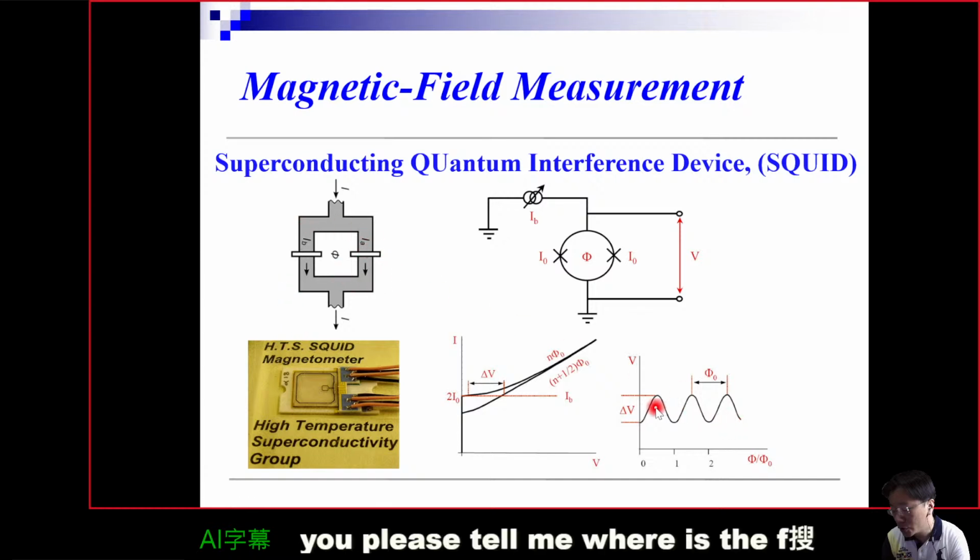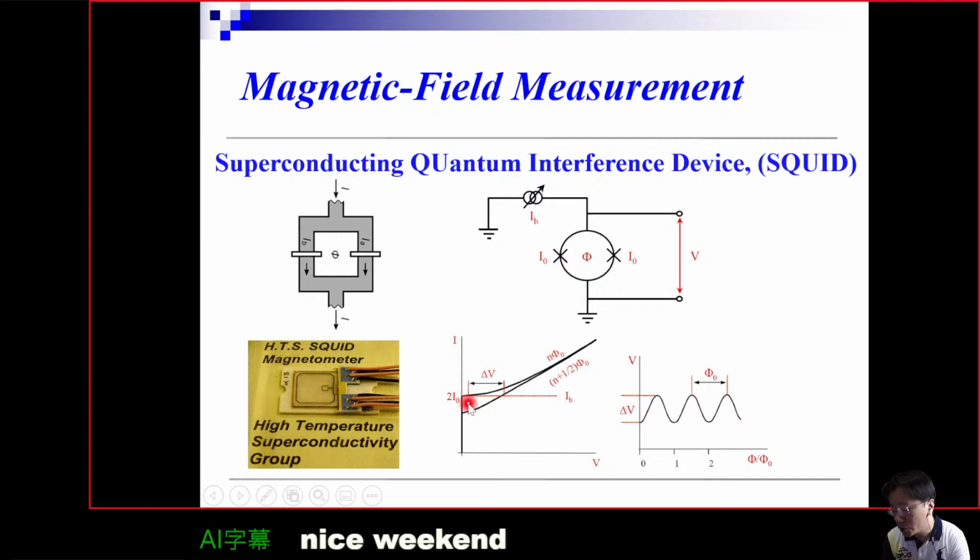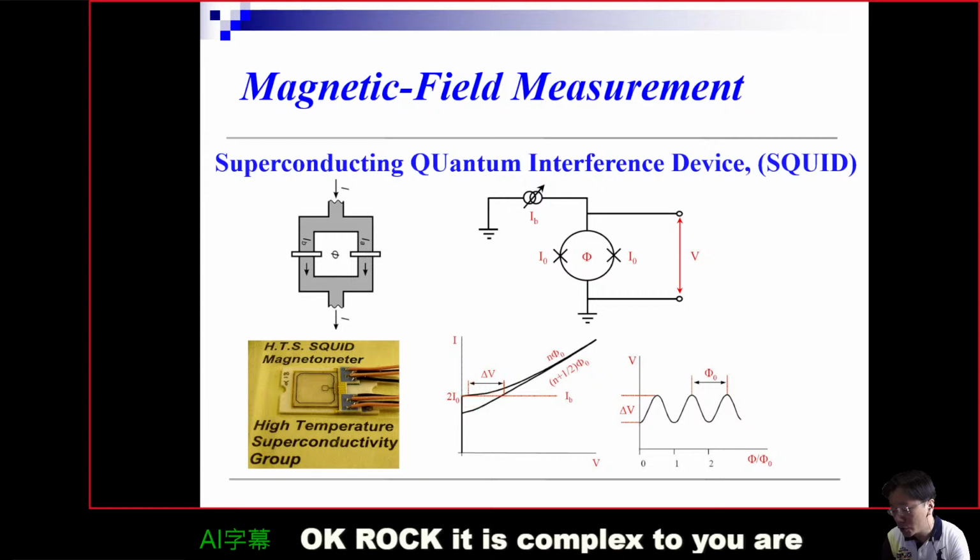If we can count this sine wave, or count the voltage difference between here and here, then we can know the number of magnetic flux quanta. So this is the principle of how the SQUID measures the magnetic field. Okay, the detail is a little bit complex, but I just wanted to tell you a very basic concept about a SQUID.